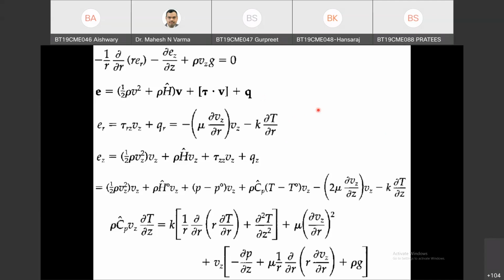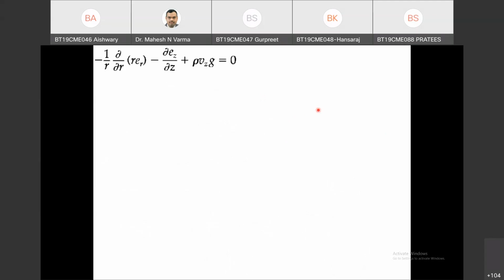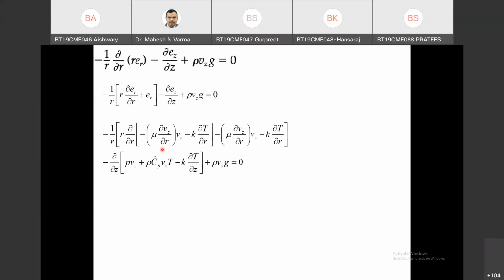Okay, so rearrange the equation. This is what I was telling; this is the same equation. Now substituting the definition of ER, you can see d by dr of this is ER, minus this is EZ.